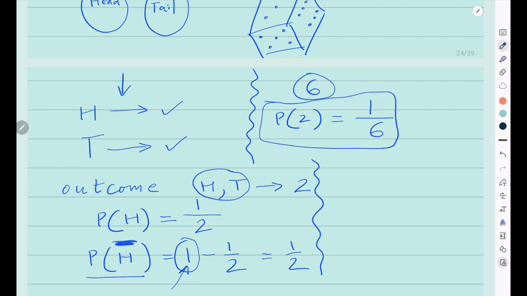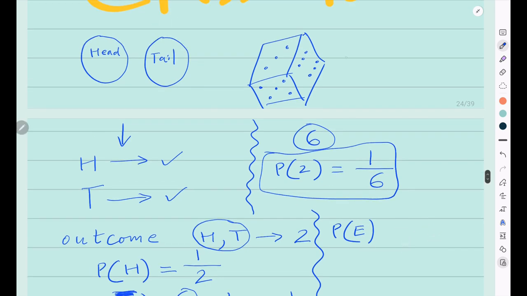Similarly, what is the probability of getting an even number, if I ask? Let us write down what the possibilities are. We can get 1, 2, 3, 4, 5, and 6, isn't it?